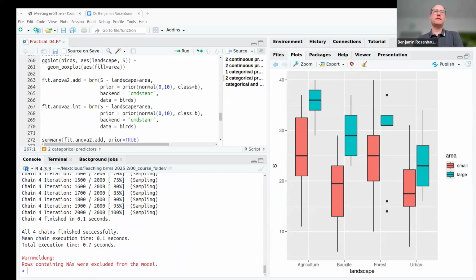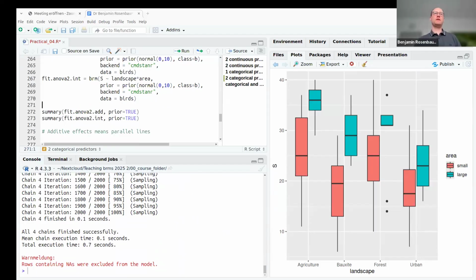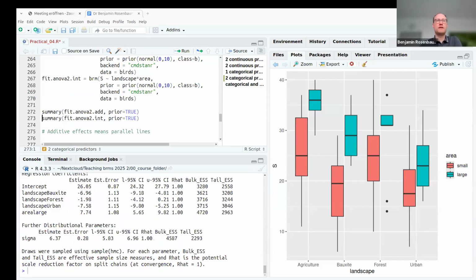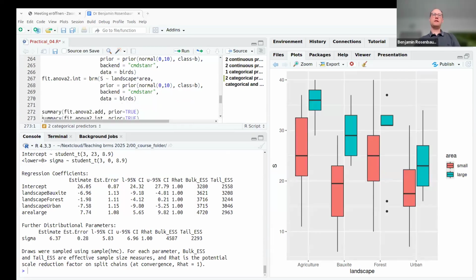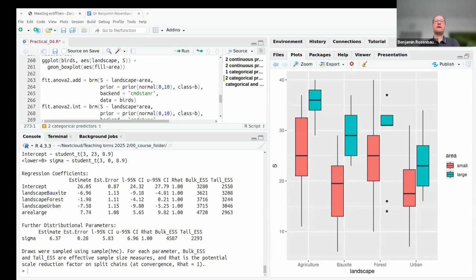So let's refit this in the classical dummy coded way. Then both of these predictors are dummy coded, which means you have some overall intercept, which is the intercept for agriculture in small patches. All the other parameters describe differences. And for them, I specified a prior here.